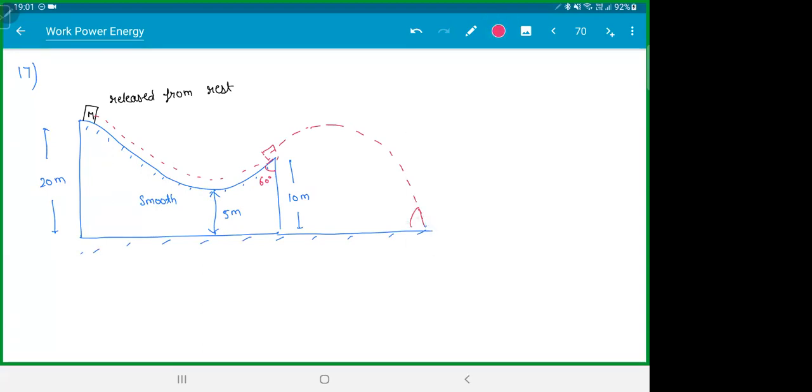So it hits the ground at an angle alpha. And this is your range. So let's call this point A and let's call this point B. The block slides from A to B and lands on the ground at point C. Find range and find alpha.